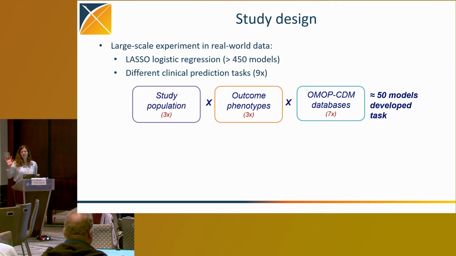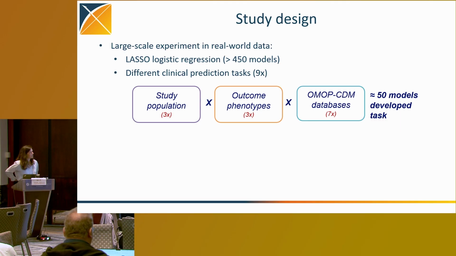Whereas stability from a machine learning perspective is often looked at in the form of resampling, so given my data, I do some bootstrap analysis and then see how it affects the final model, in this large-scale experiment we did a similar thing, but with phenotypes and study design settings that actually impact our decisions when we develop prediction models.